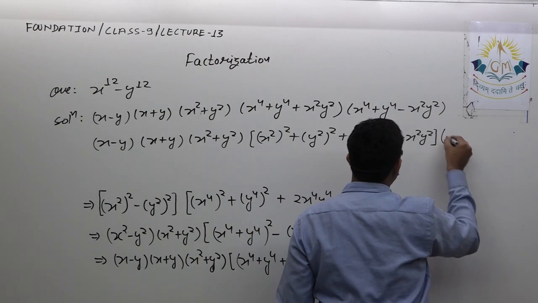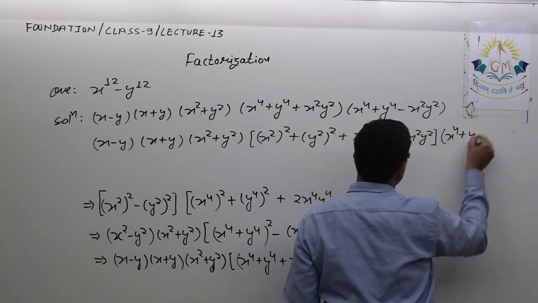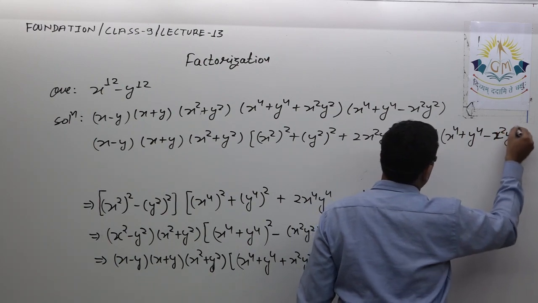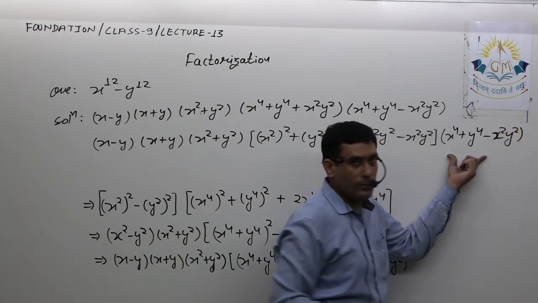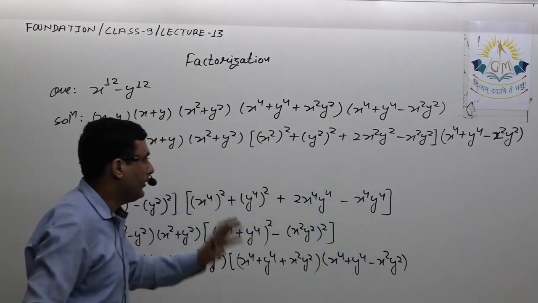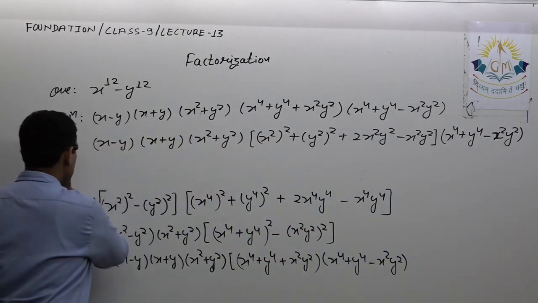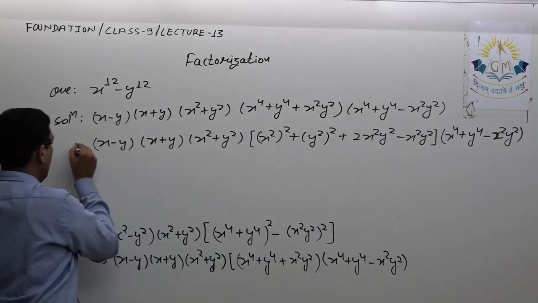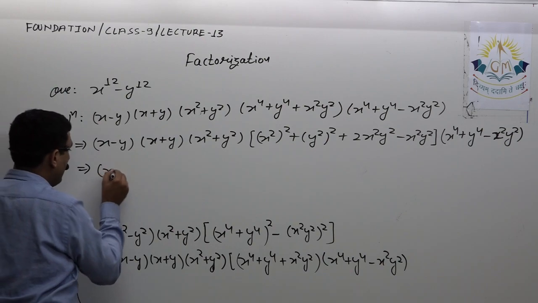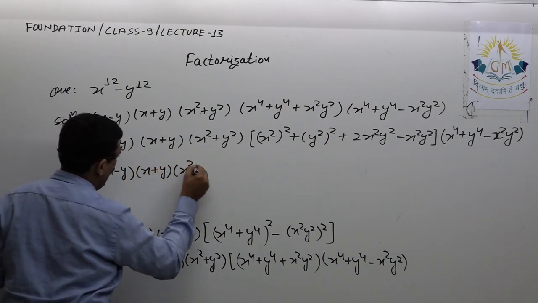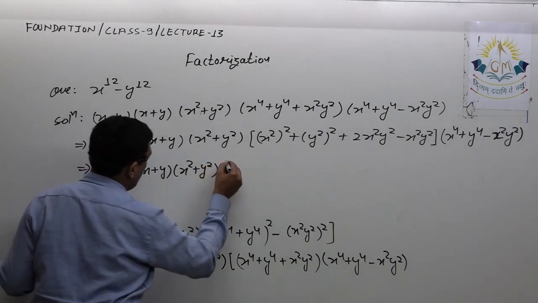And this I write as it is, x raised to 4 plus y raised to 4 minus x square y square. See, again it is possible to factorize, but here again a root sign will come, so I won't factorize that further. Okay, so here next this x minus y, x plus y, x square plus y square.